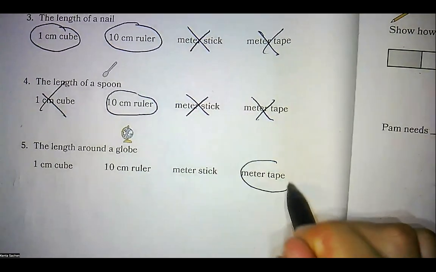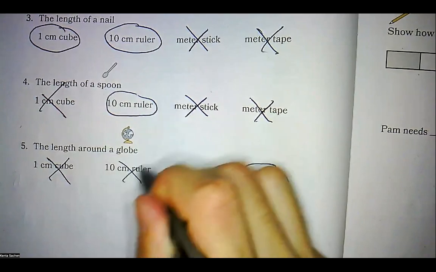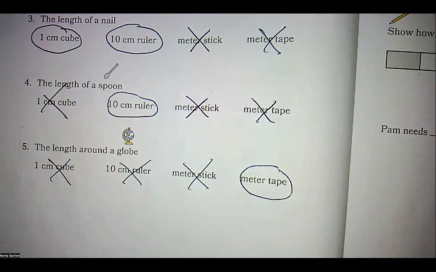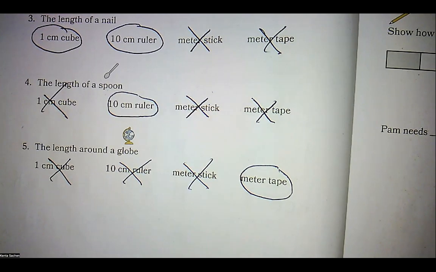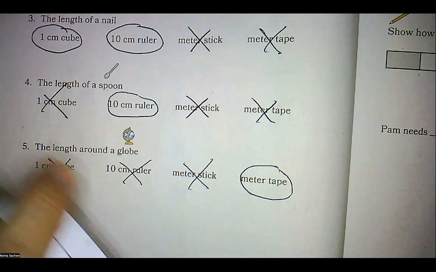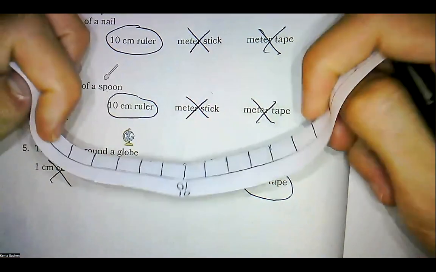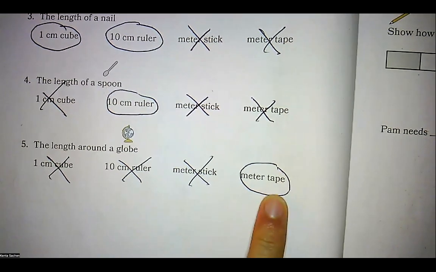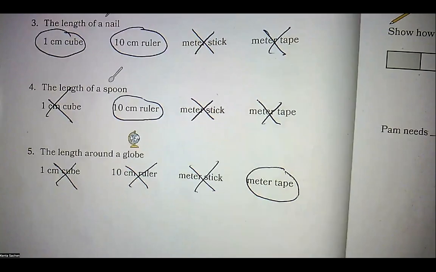Yeah, it's the meter tape. These things won't be super helpful because they don't bend around the globe. Just like if you're trying to measure how long around a soccer ball is, you can't use your flat ruler. You need something that bends like paper or tape. So we're going to use the meter tape here.